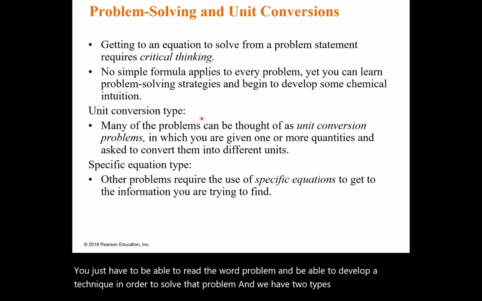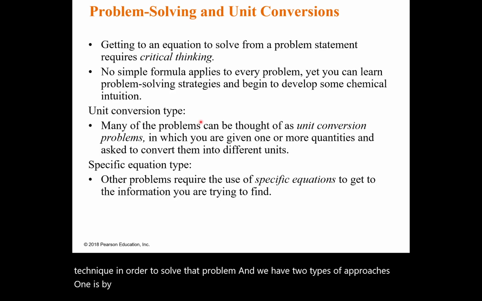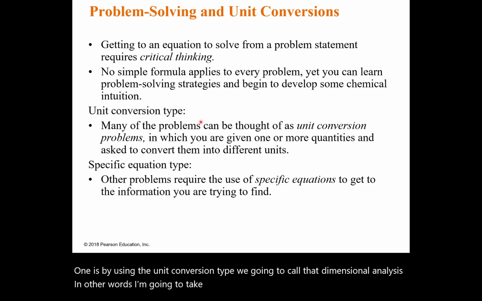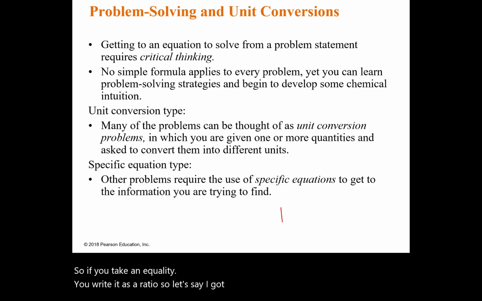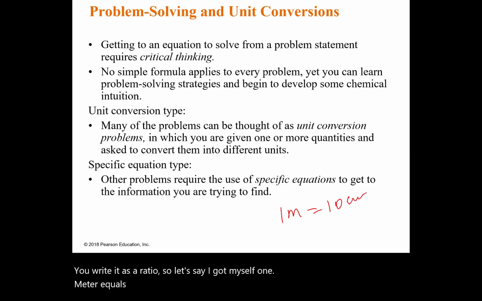One is by using the unit conversion type. We're going to call that dimensional analysis. In other words, I'm going to take an equality and write it as a ratio. So let's say I got myself 1 meter equals 100 centimeter.